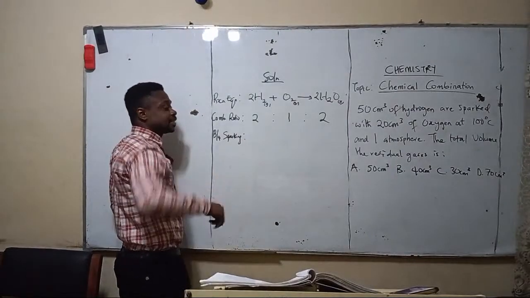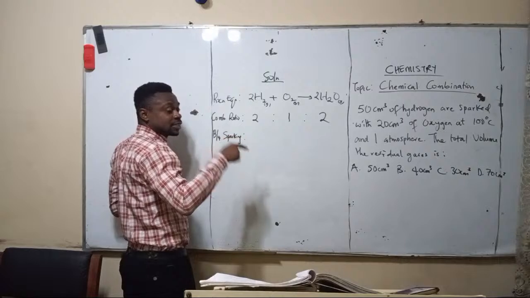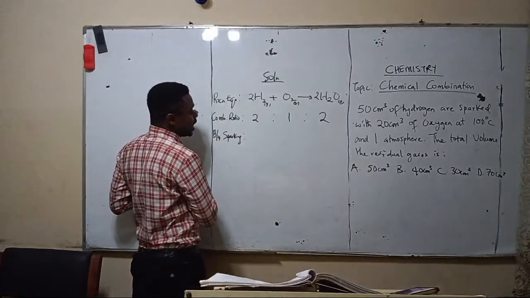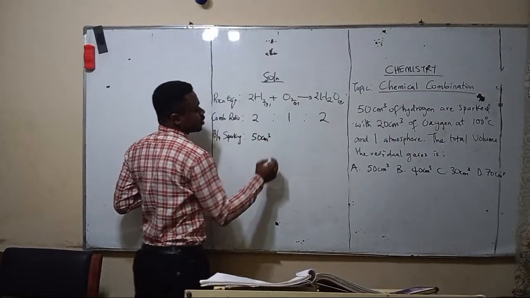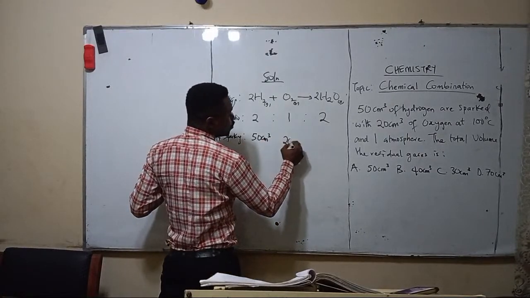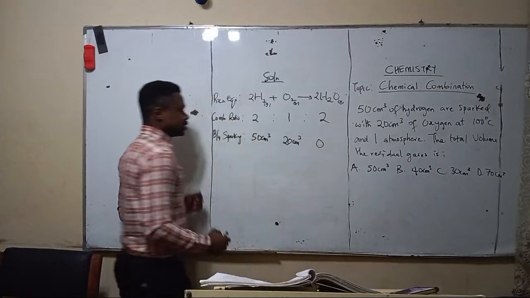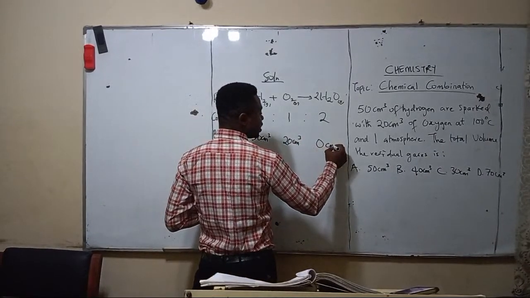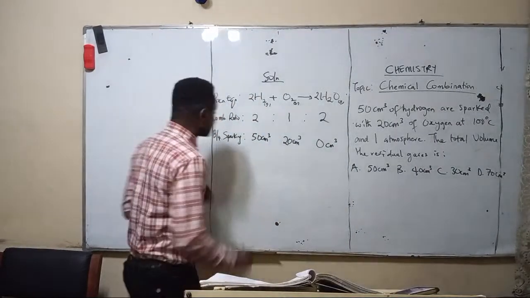Before the sparking, actually what was in the container, whatever vessel, was 50 cm3 of hydrogen. Oxygen what? 20 cm3. No product yet before sparking. So here should be what? 0 cm3. No products.